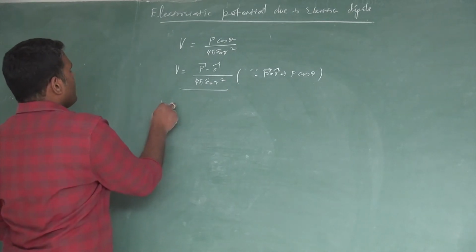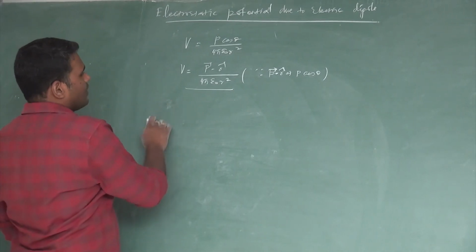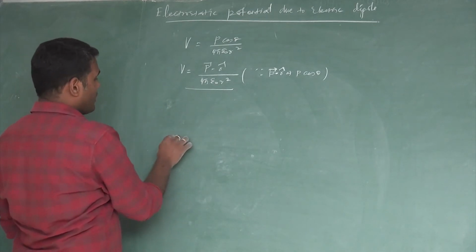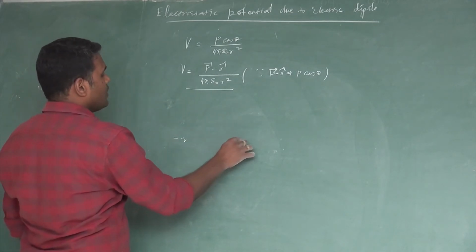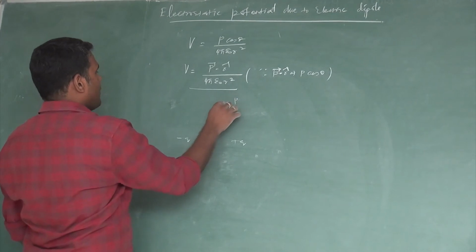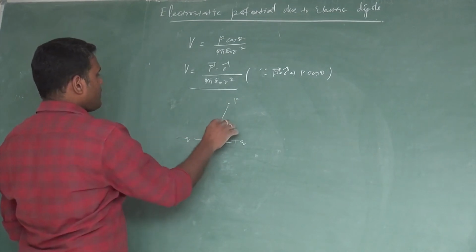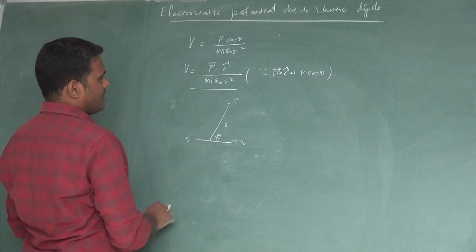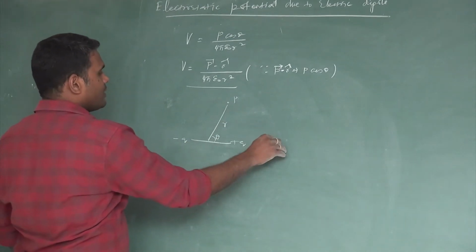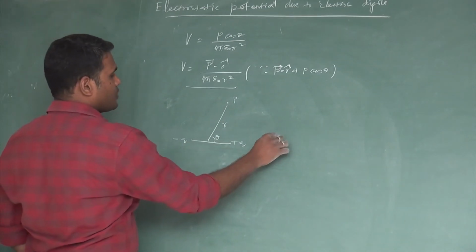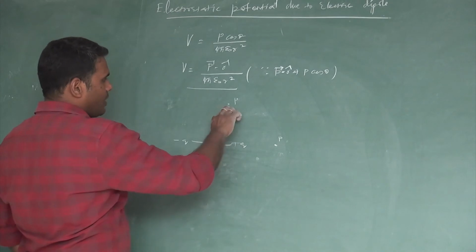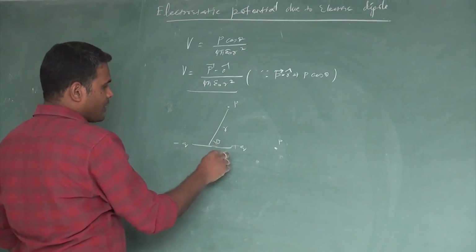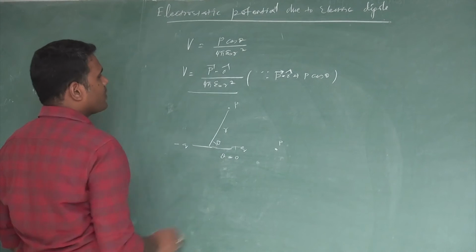One, potential along the axial line of the dipole. If the charge is minus q and this one is plus q, this point is p, this is r, and this angle is theta. If I consider this point along the side of the charge plus q, then if the point p is brought here, theta will become 0.